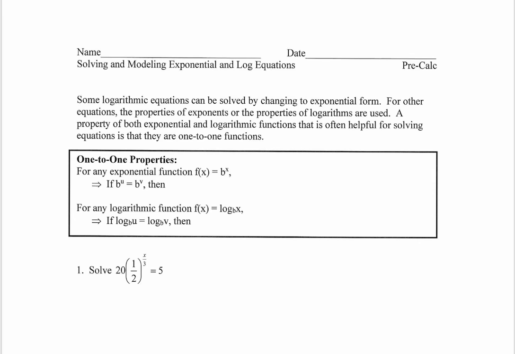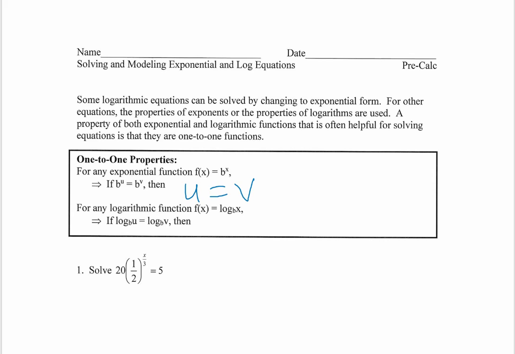So in this box here, they're one-to-one properties. If you're looking at an exponential function, and your base is the same, then those exponents have to be equal. So in this case, we have b to the u is equal to b to the v. Since we are told those are equal, what that must mean is that u has to equal v. So if those two expressions are equal and their bases are equal, then their exponents have to be equal in order for that to be true.